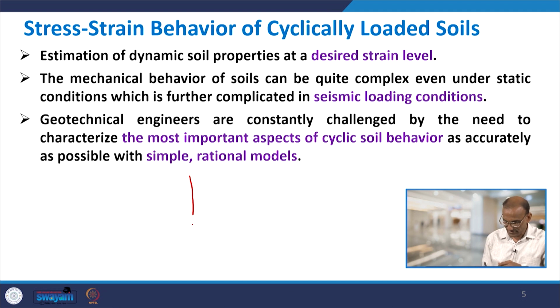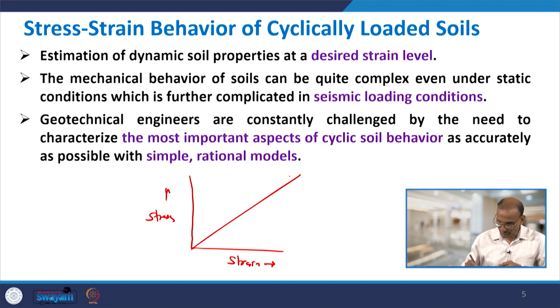If I say this is stress on the x axis and strain on the y axis, the relationship is simple, that is they are proportional. This angle could be 45 degrees or different, but it is a linear relationship. So this is for elastic, linear material.